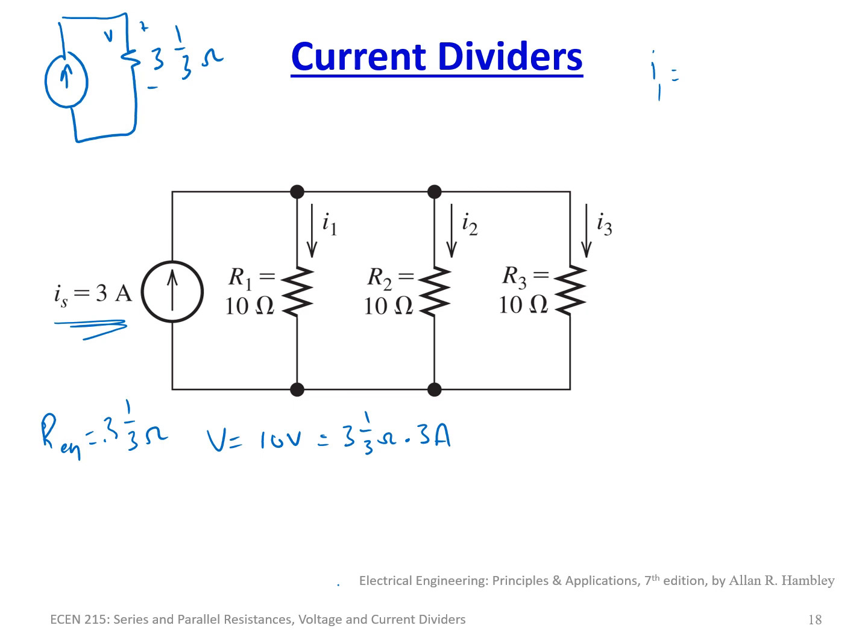I1 is just simply the V, 10 volts, divided by the resistance, 10 ohms, which just so happens to be 1 amp. And since they all happen to be the same thing, that's exactly what you would expect, 1 amp and I3.